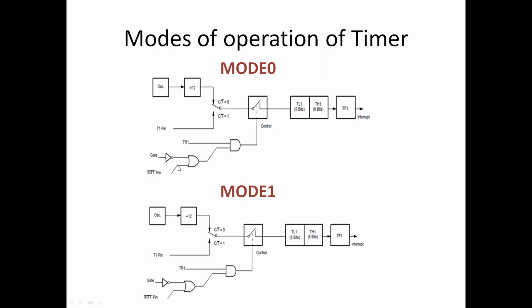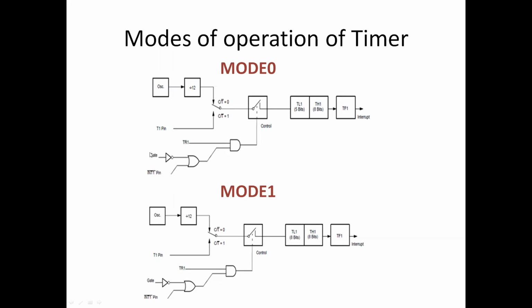If this is 1, this is an OR gate. So either this or this, any one should be high so that TR1 is applied for this. If you make this gate bit 0, it does not get applied. So 0 becomes 1, and for the OR gate it is not necessary whether the other input is 1 or 0. This is always high.